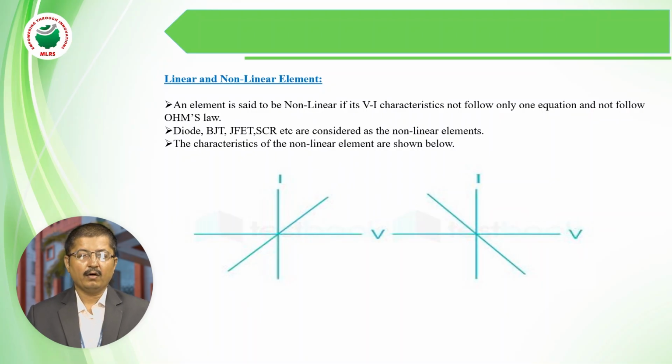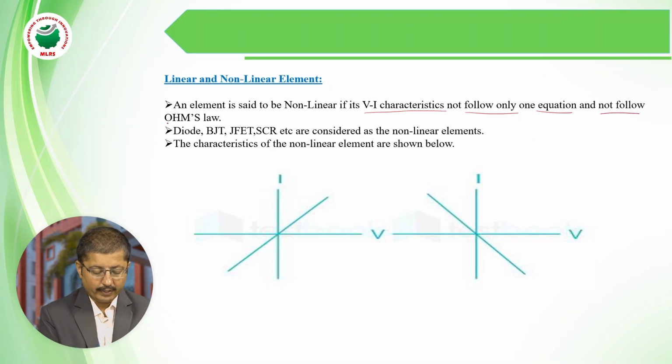Next, non-linear elements. An element is said to be non-linear if its VI characteristics do not follow only one equation and do not follow Ohm's law, a very important point.